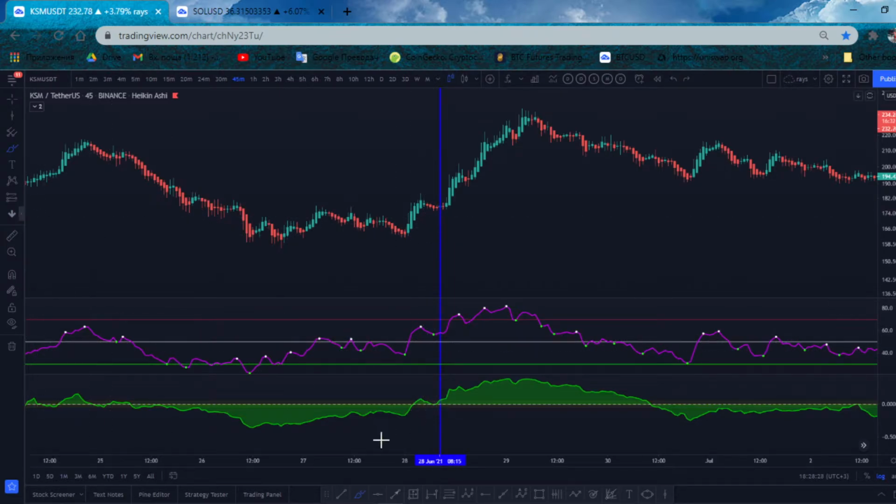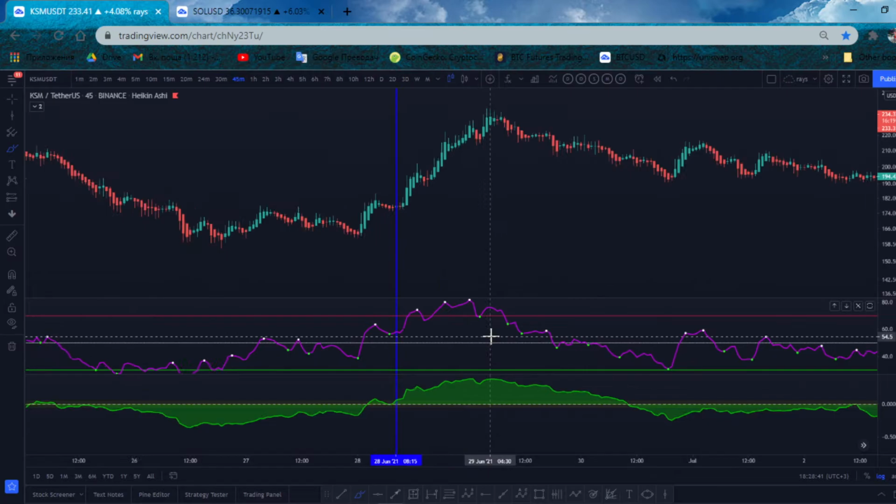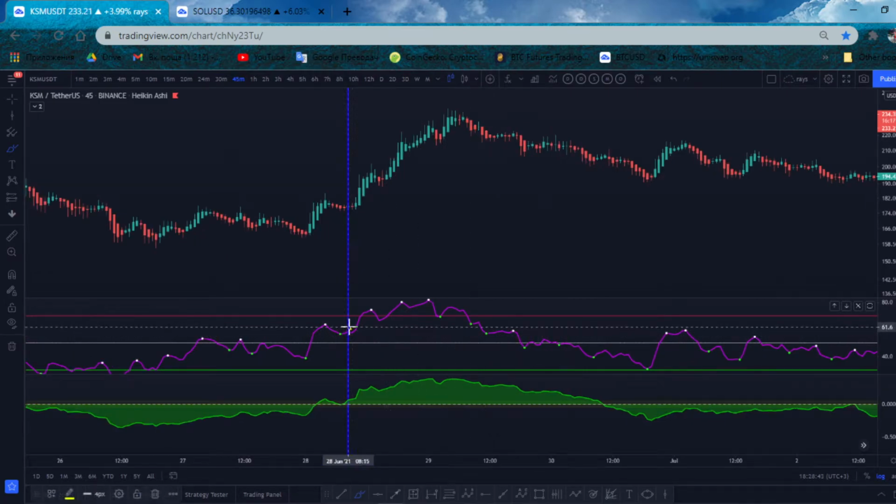I'll clear this, and after we made the top here, it's going for confirmation down, and what we see is a green dot, a bottom on the RSI, and then we shoot up.